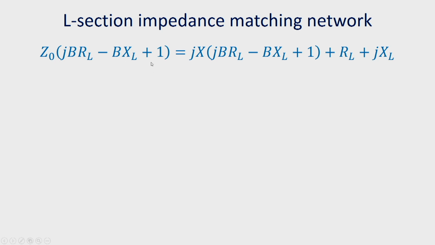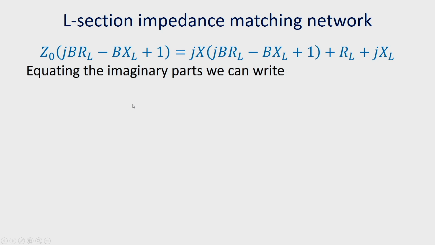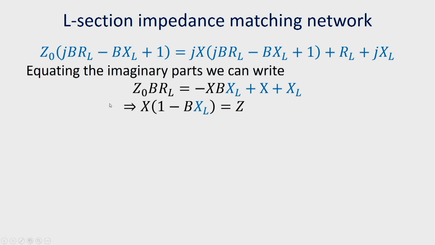So, if you collect the imaginary parts from both sides and equate them, then we get Z naught B RL is equal to minus X B XL plus X plus XL, and once again if we rearrange the terms we get X times 1 minus B XL is equal to Z naught B RL minus XL.